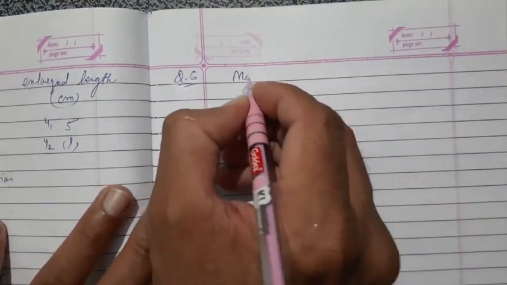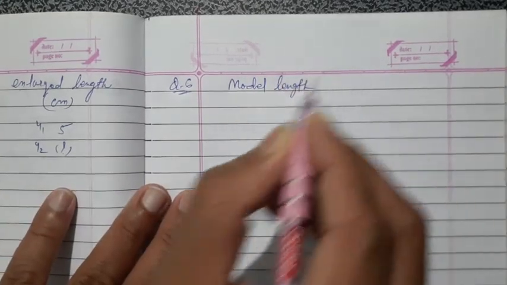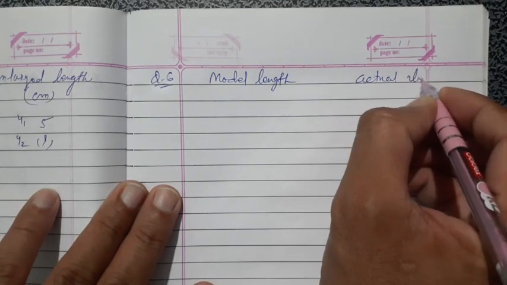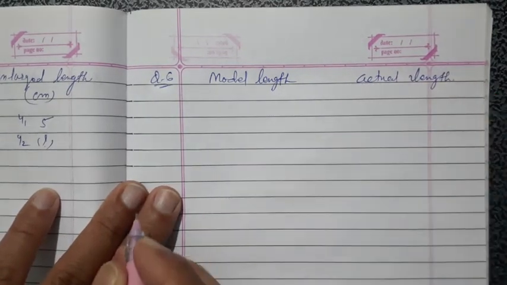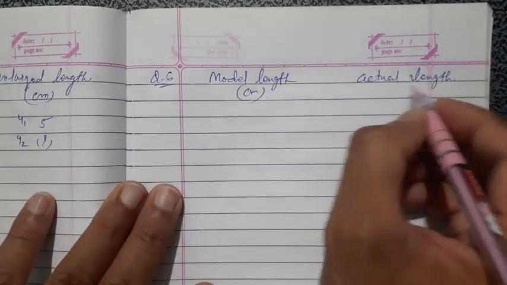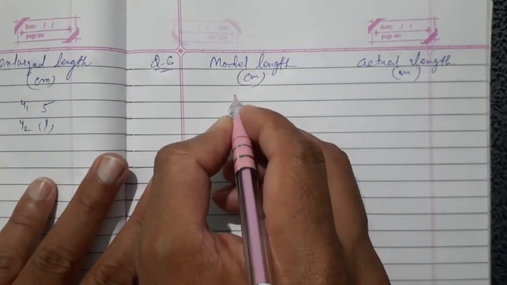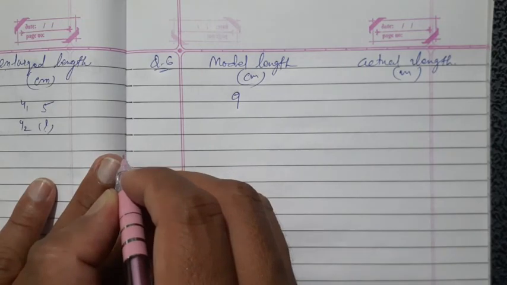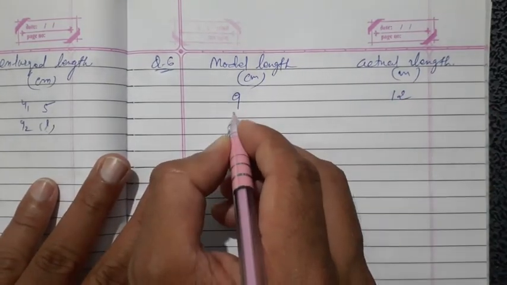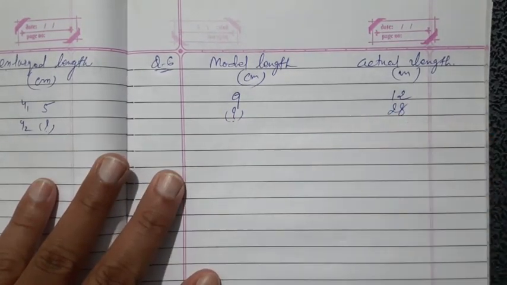Here model length, otherwise measurement is given, and here actual length is given. The model length is given in centimeter and this one is given in meter. When model length is 9 centimeter, that time actual length is 12 meter. Then how much is the model length if actual length is 28 meter?